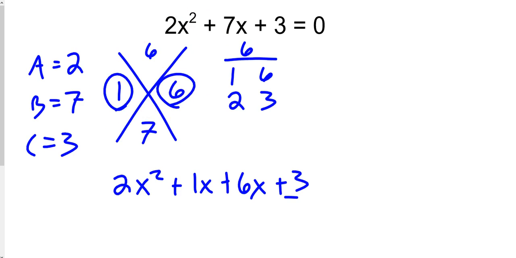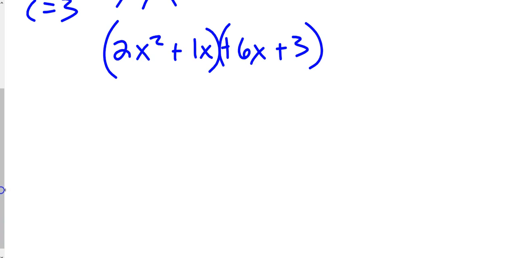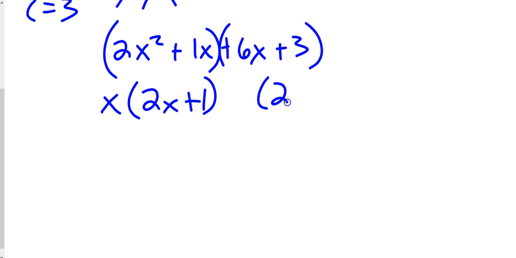All right, so now we're going to do grouping to solve. So I group my first 2, I group my last 2. What comes out of the first parenthesis? An x, because that's what both of those have in common. So that leaves us with 2x plus 1. Remember, whatever this first parenthesis is, the second parenthesis has to be the same thing.